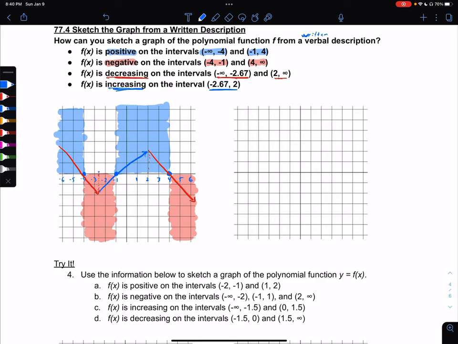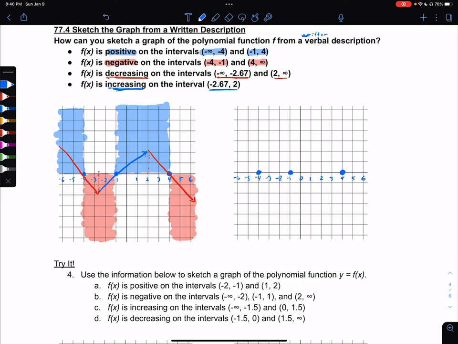So we know that this is going to have more curves. It's not going to be these kind of jagged, sharp turns like these V turns. So I'm going to take that and clean it all up. Again, this method might be a little bit more involved, but I've found that this works each time.